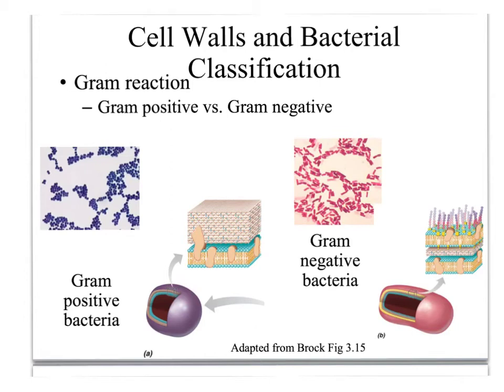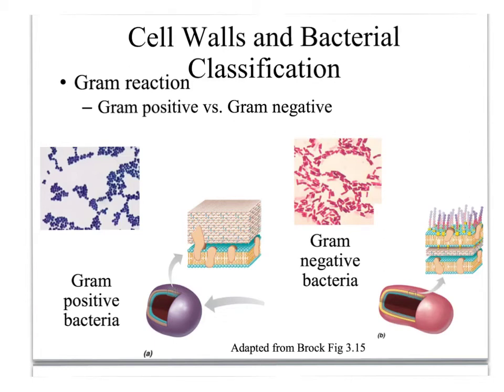This is quite different from gram-negative bacteria that have a completely different cell wall. If this is the interior of the cell down here, or right here in this diagram, first part's the same. You run into a cell membrane, a cytoplasmic membrane. It's that blue bit right there again. Right here, you have a very thin layer of peptidoglycan.